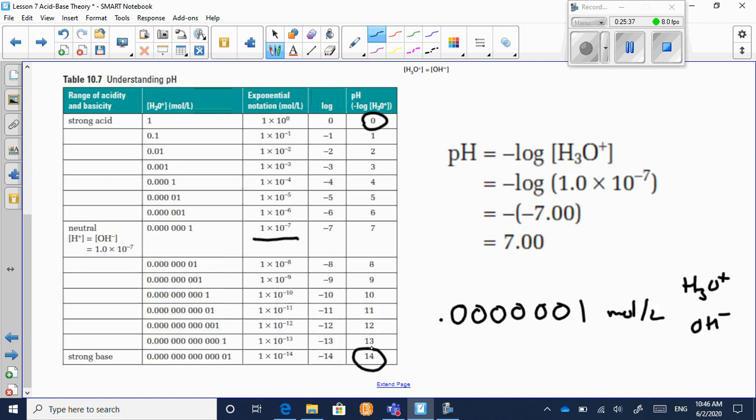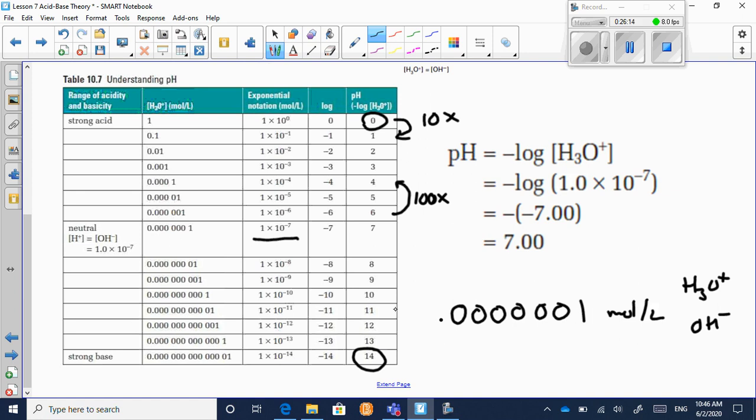The only thing you have to remember is that an increase of 1 on a logarithmic scale means that it's 10 times more or less acidic. So as you go from, let's say, 6 down to 4 in terms of your pH, well, a 6 to 5 would be 10 times more acidic, and then 5 to 4 is another 10 times, so that's 100 times more acidic as you step twice.